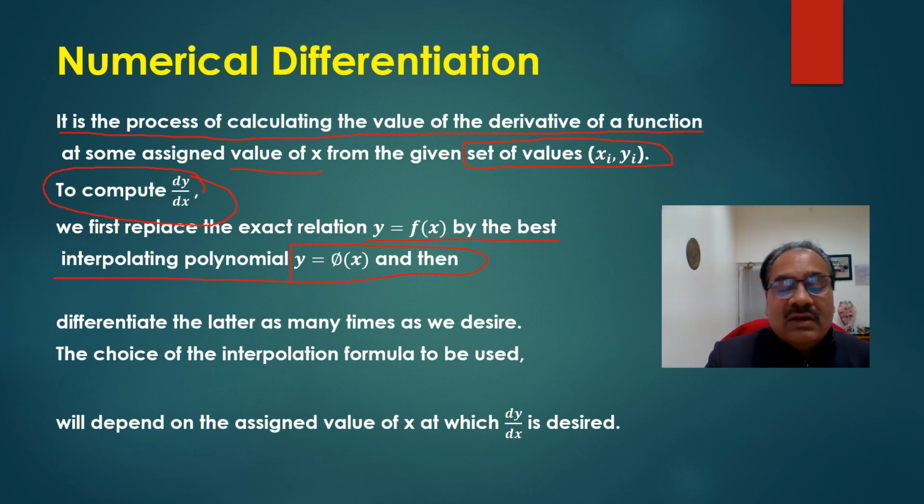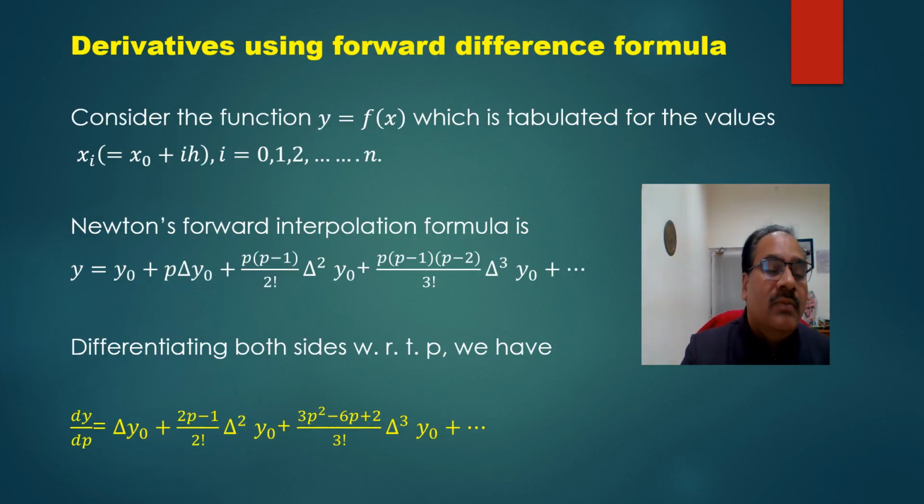Then we differentiate the latter as many times as we desire. If the first derivative is required, we can find the first, second, third derivative as desired in the problem.